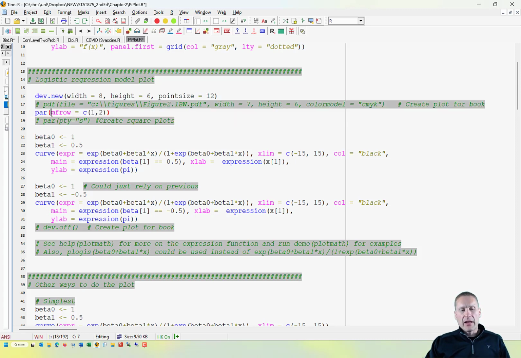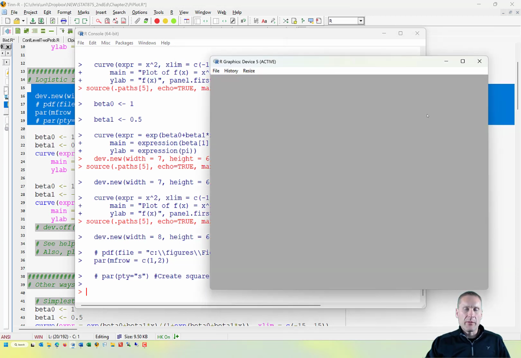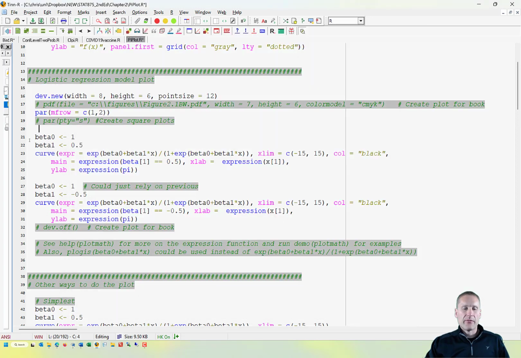In this particular case, I want to use the argument mfrow, which stands for make frame by row, where I want 1 row, 2 columns of plots. So let me go ahead and do that. And here's my graphics window. Nothing's plotted there because we haven't actually tried to plot anything, but R recognizes that you're going to have 1 row and 2 columns of plots.